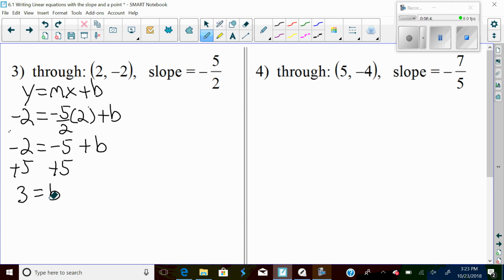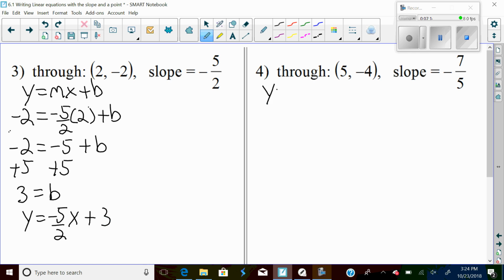So now we're going to write out our equation. y is equal to m, which is our slope, -5/2, times x, plus our y-intercept, which is 3. Okay, and number 4, same thing.